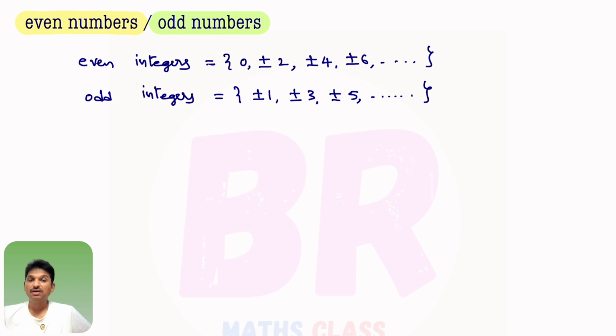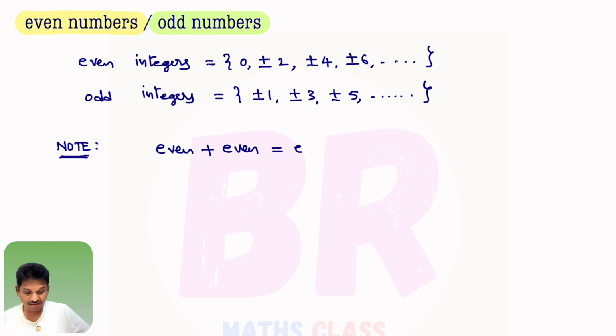Okay. Now, important note points related to odd numbers and even numbers. You take two even numbers, if you add them, what will you get? You will get an even number only. Not only that, you take two even numbers and subtract them, you will get an even number only. You take two odd numbers and add them. 3 plus 5 is 8.